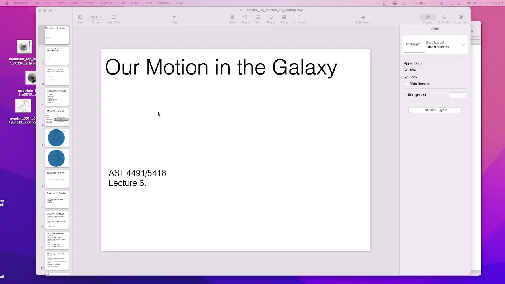So I'm going to make a measurement of the galaxy, and we're going to say that v squared at a particular point has got to be equal to G times the mass that's less than that point over that point.